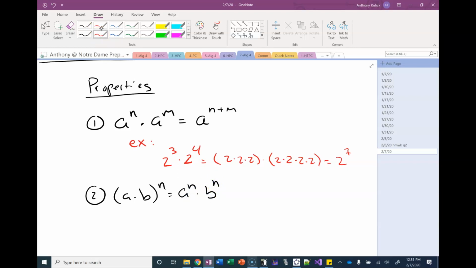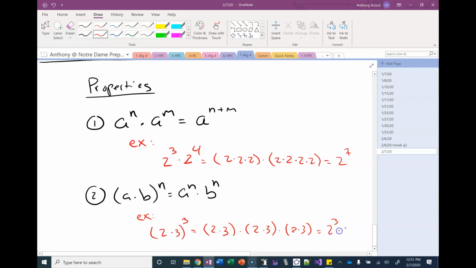So the next property is if I have the exponent of a product, that's the same thing as the product of the exponentials. So let's say I have 2 times 3 cubed. Well, that's the same thing as 2 times 3 times 2 times 3 times 2 times 3.